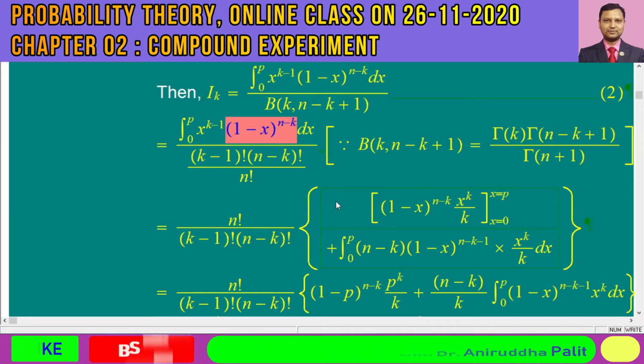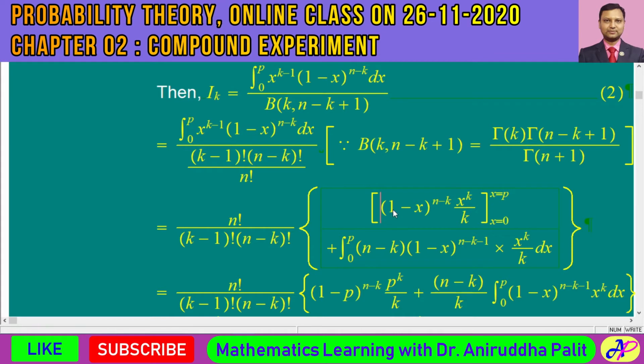So we are integrating by parts, and then what we have is the first function into the integral of the second function, from the lower limit x equal to 0 to the upper limit x equal to p.